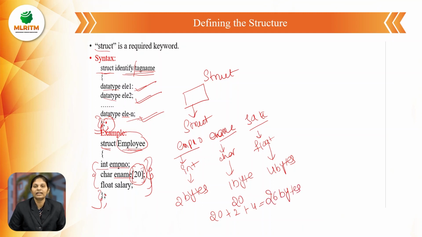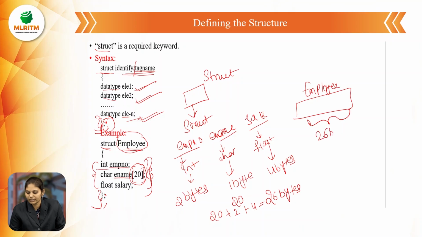In memory, it will create the employee data type of 26 bytes, where 2 bytes is the integer, 20 bytes is the character, and 4 bytes is the salary.